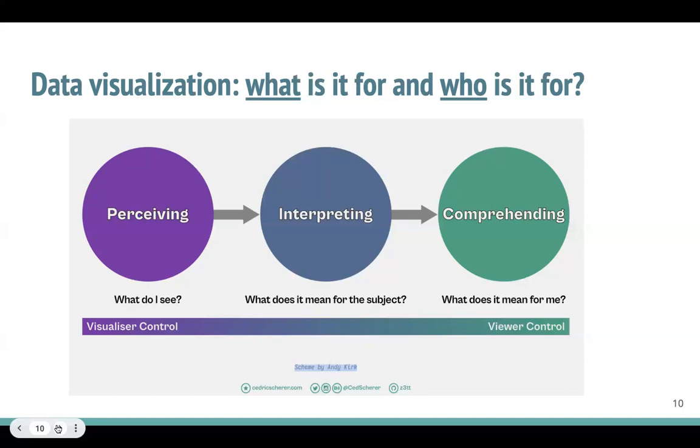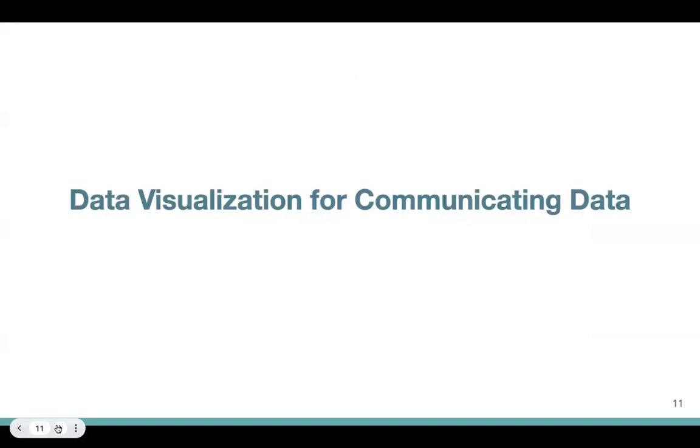To finally taking a very viewer-centric, user-centric approach, as in, how might they comprehend that data? And we'll make these things clear as we go along in this session. But as I mentioned, we'll be more focused on data visualization for communicating data. So the purpose is going to be a more general audience.